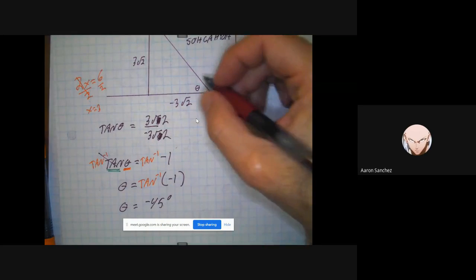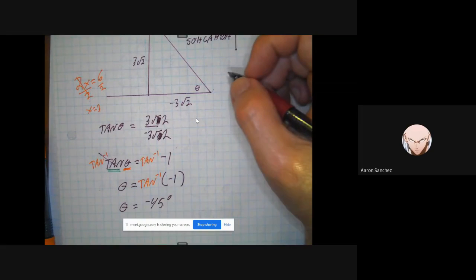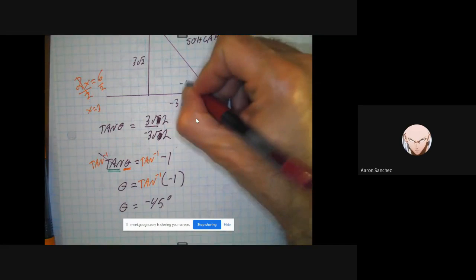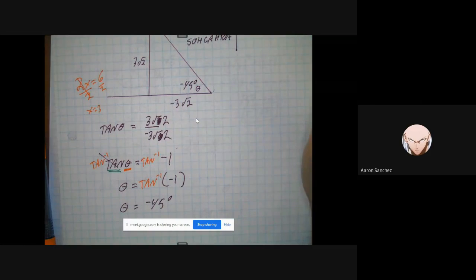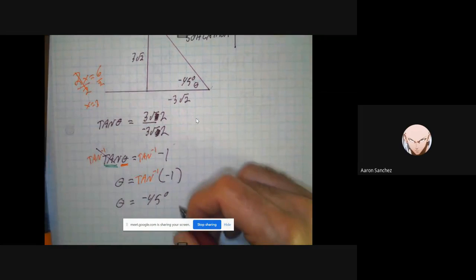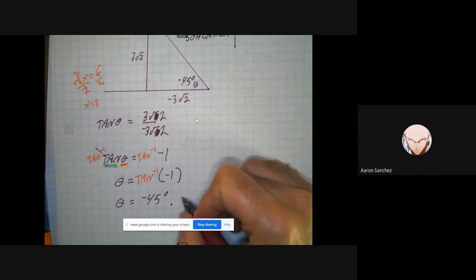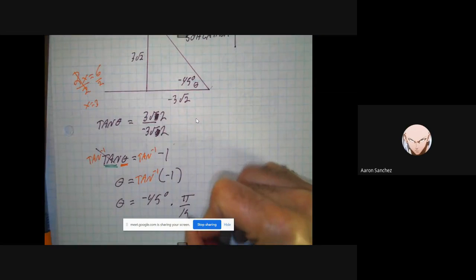Or 45 degrees, but it'll end up being negative 45 degrees because it's on the opposite side. But that's neither here nor there, because that's not what we want to figure out. By the way, let's convert that into radians, and we can do pi over 180 degrees.